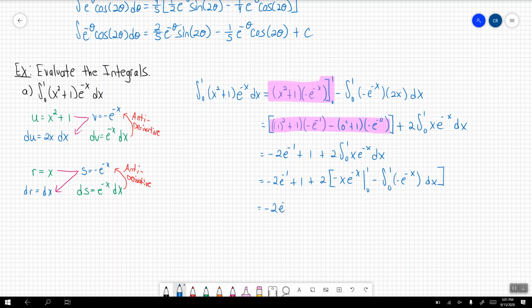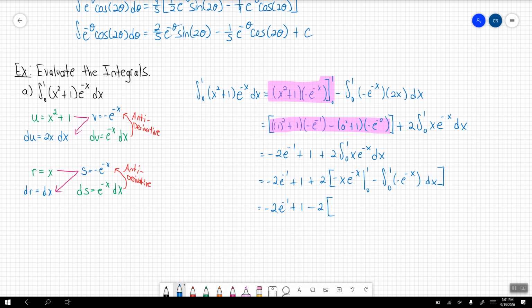Negative 2 e to the negative 1 plus 1 plus 2, and this is going to distribute now. So let's go ahead and distribute. So we're going to have negative 2, so 2 times negative x, so this is going to be negative 2xe. Or you know what? I actually want to evaluate from 0 to 1 first before I distribute. My apologies.